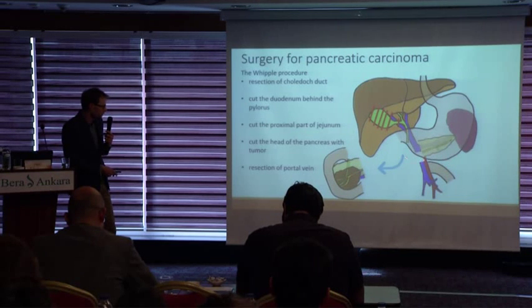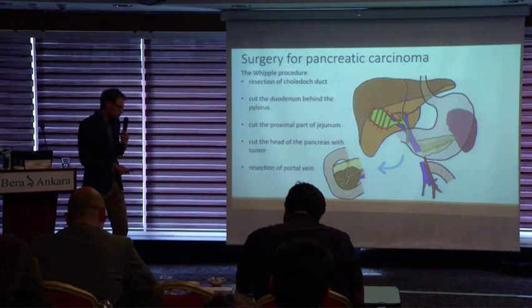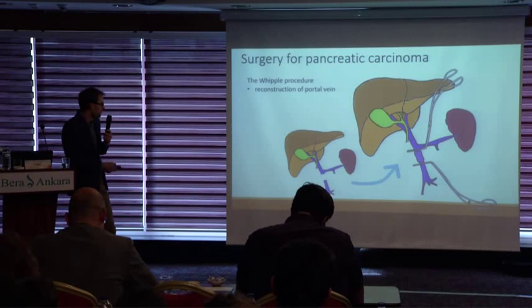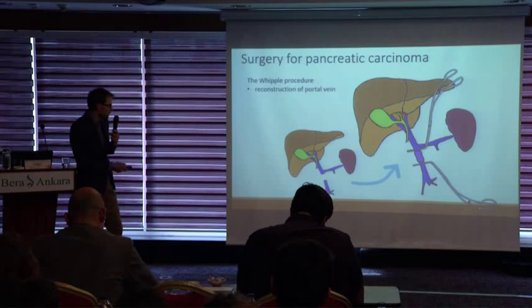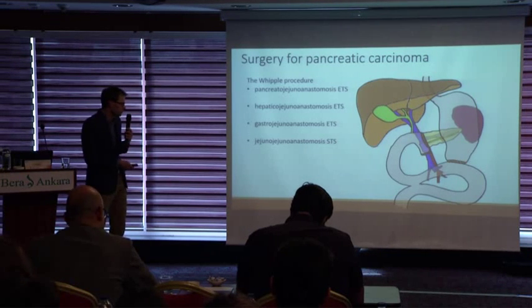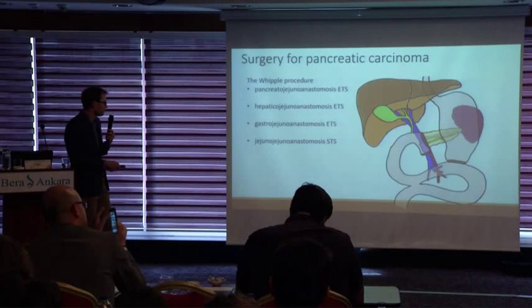As I said before, sometimes it's necessary to perform a small resection of, for example, the wall of the portal vein, and it's necessary to reconstruct it. You can see the reconstruction here, and then you have to reconstruct also the gastrointestinal tract. So you have to perform the pancreato-jejunoanastomosis.